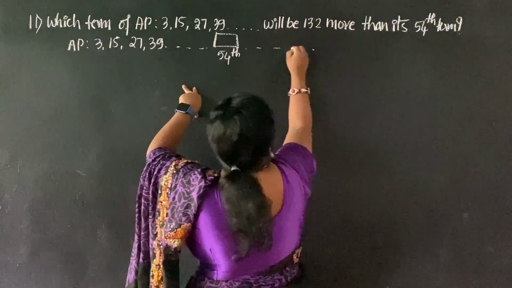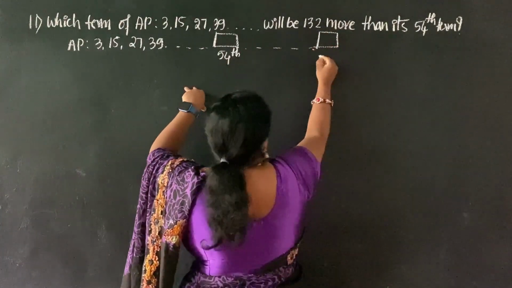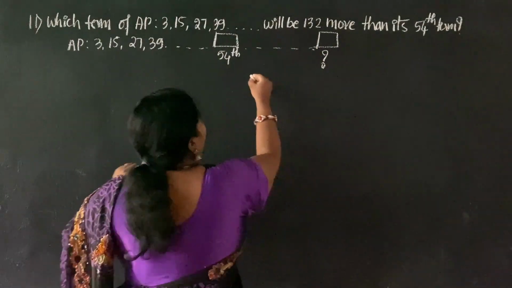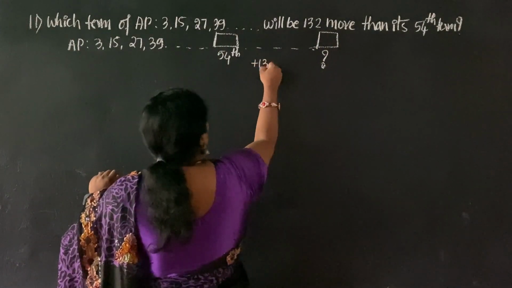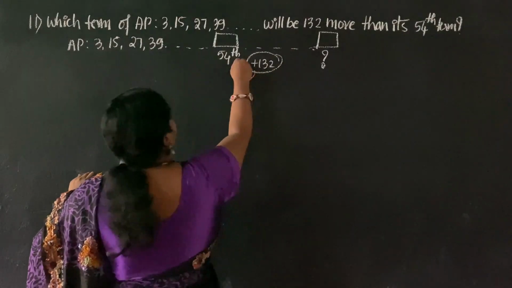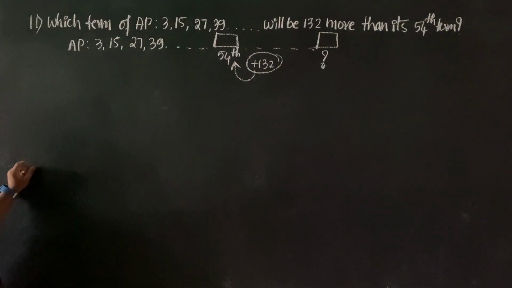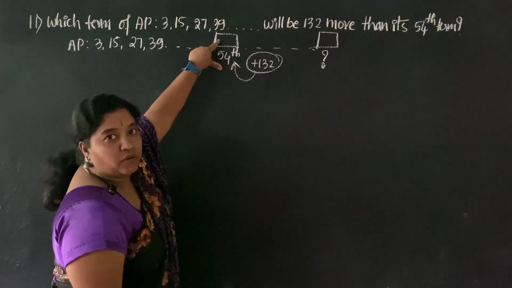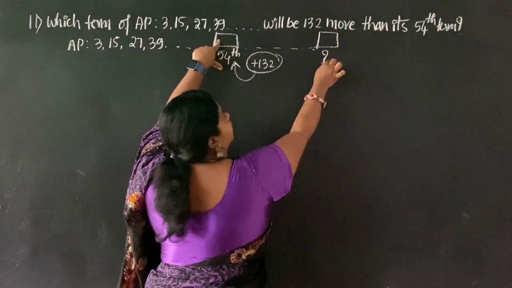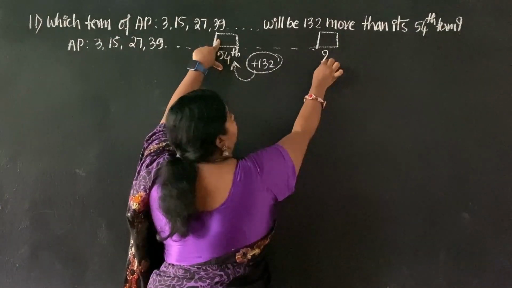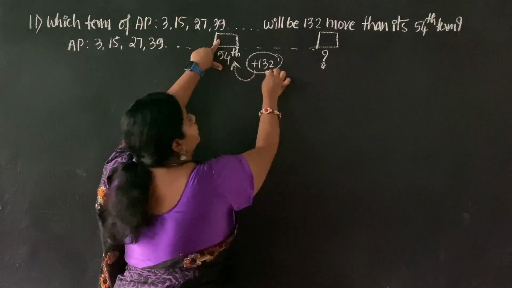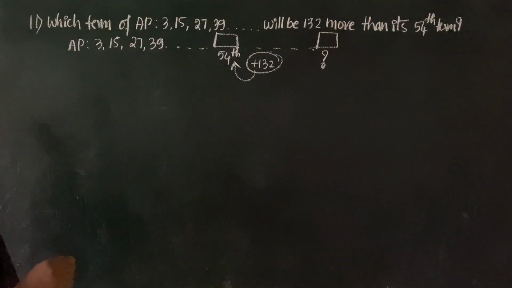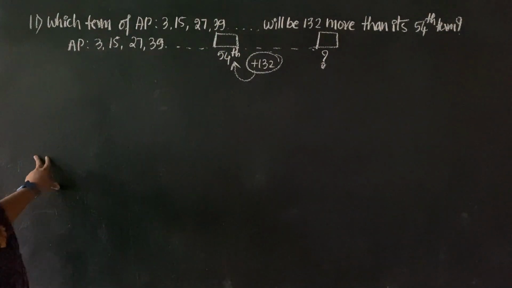And which term of this AP is 132 more than the 54th term? Understood the question? So question is to be understood, then only you will be getting the answer.